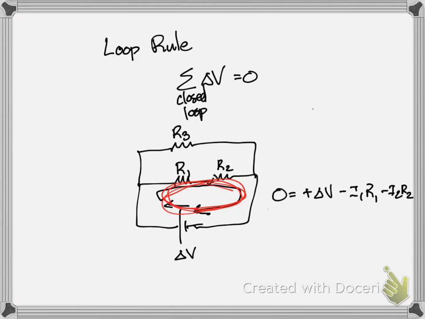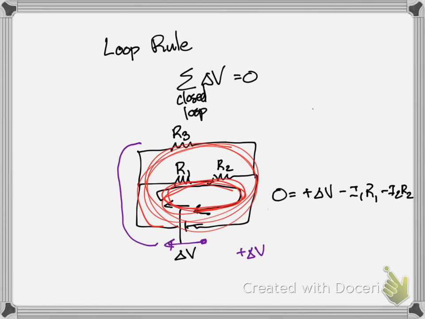If we were instead to go around the other loop, if we start from here, we don't have to start from there, we can start wherever we want, we get plus delta V as we cross the battery, and then wires have no change in potential. As we go through the resistor in the direction that the current is going, we've got minus I3 R3, and then we get back to where we started.